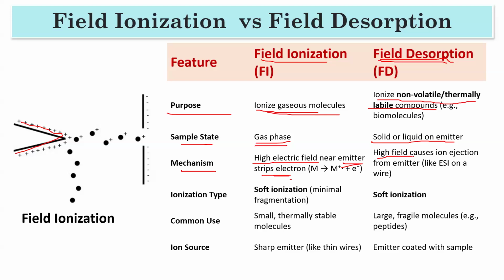Similarly, here also you apply a high field, which will cause ion ejection from the emitter. So both are quite similar in mechanism. The ionization type is soft ionization because you are not hitting with an electron beam of very high energy. One molecule comes near this high electric field, and because of quantum tunneling, one electron will be moved and the molecule will be ionized.